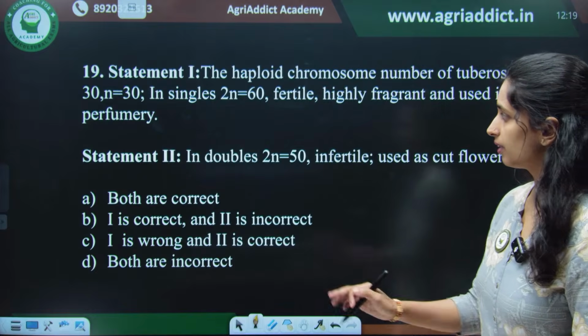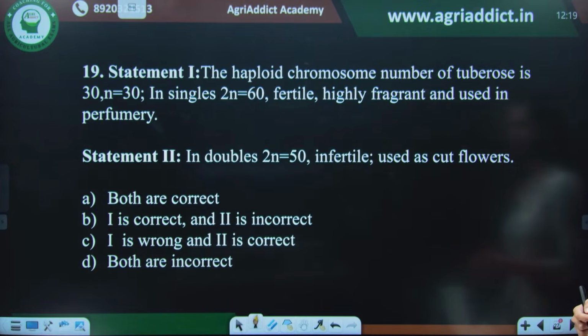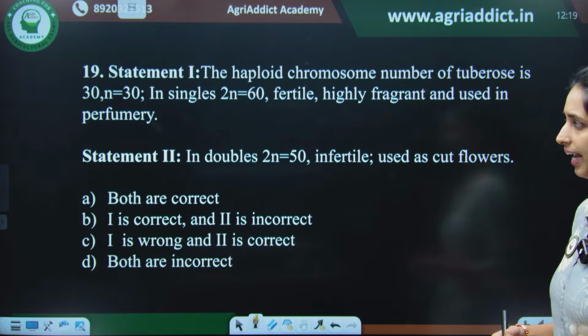19th statement type. The haploid chromosome number of tuberose is 30. n is equal to 30.